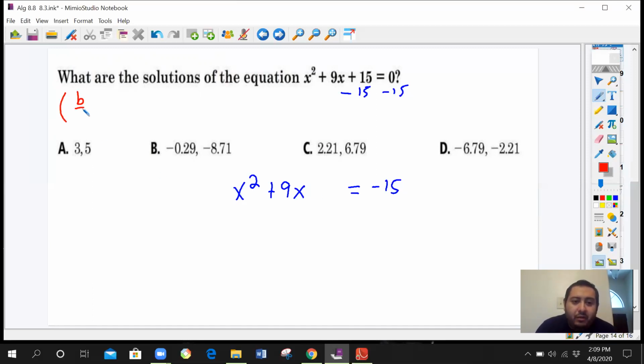We have b over 2 and then squared. Our b is going to be 9. 9 over 2 and then squared. 9 over 2 is going to be 4.5. And then square it.